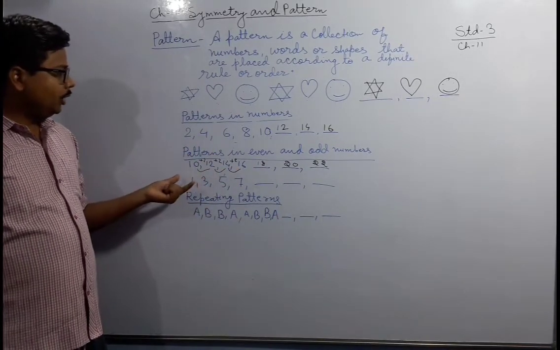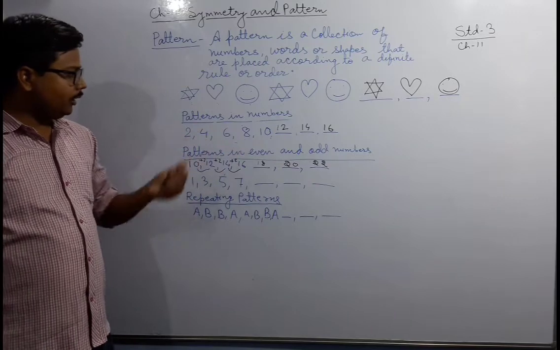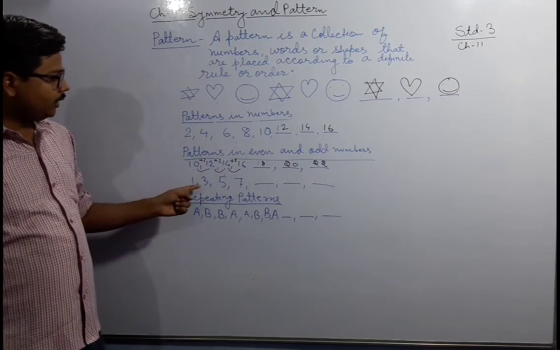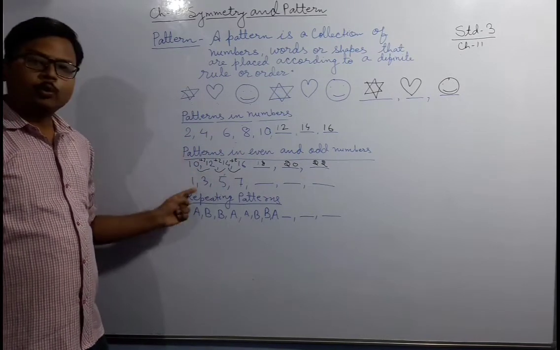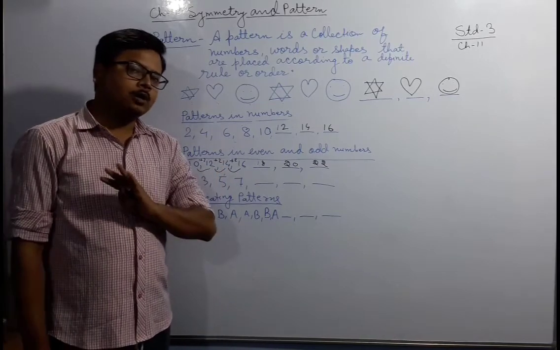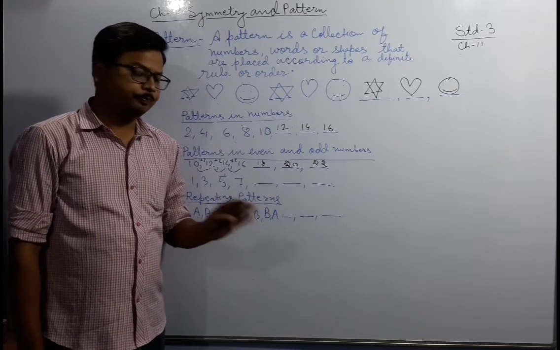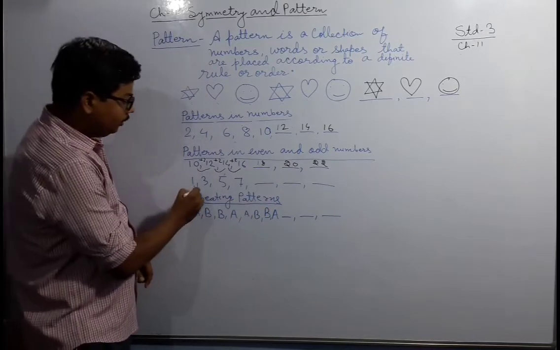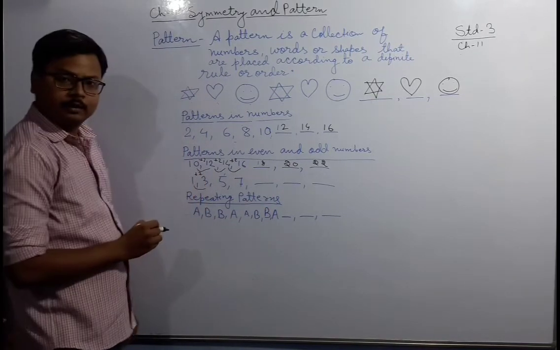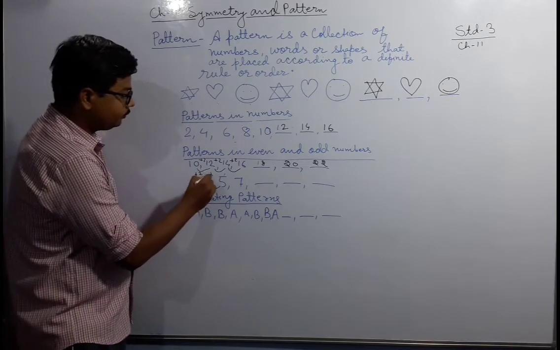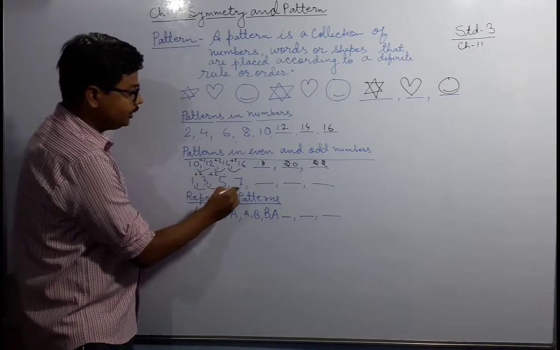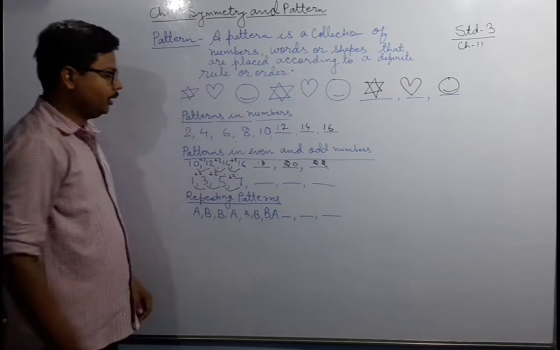Now next we come to the next pattern, that is odd numbers. As you can see here, 1, 3, 5, 7. So 1, 3, 5 and 7 are all odd numbers, that is, they are not divisible by 2. So 1 plus 2 is 3. 3 plus 2 is 5. 5 plus 2 is 7.